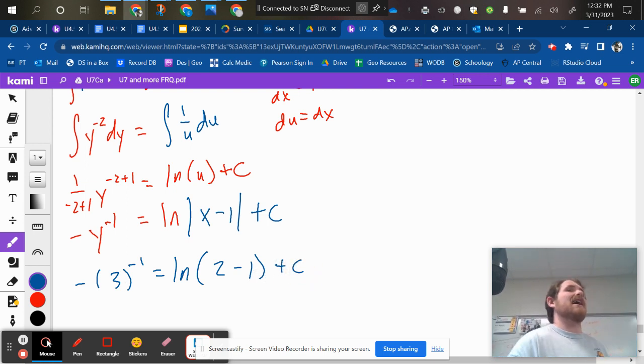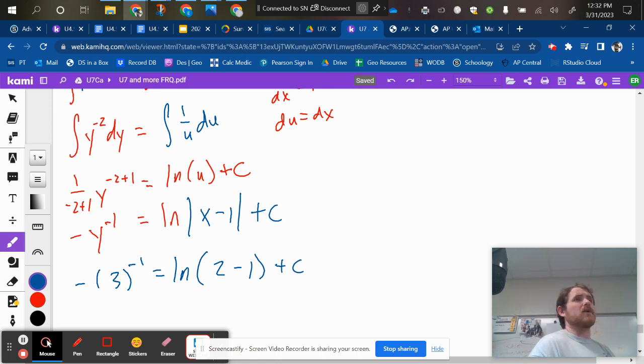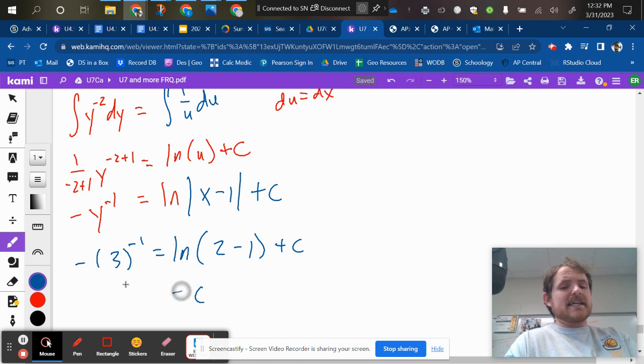Remember, I gave you a calculator here. In May, no calculator. Natural log of 2 minus 1, that's natural log of 1. What is natural log of 1? 0. So you've got C equals -1 over 3. That is your C value.